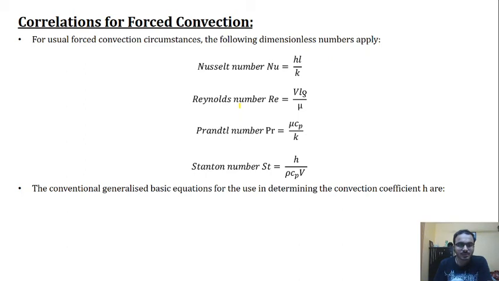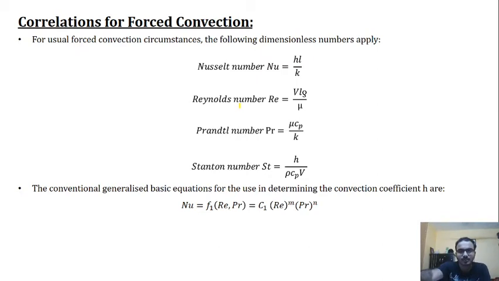The conventional generalized basic equations for use in determining convection coefficient H are given by this formula. Here the Nusselt number is a function of Reynolds number and Prandtl number, and we can separate them, so it is equal to C1 Re raised to m into Pr raised to n.